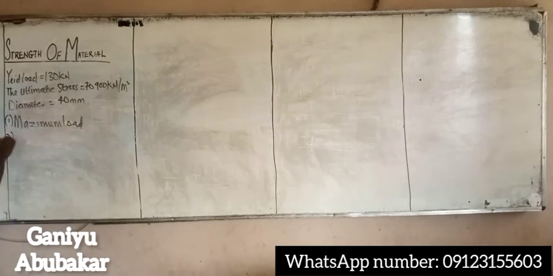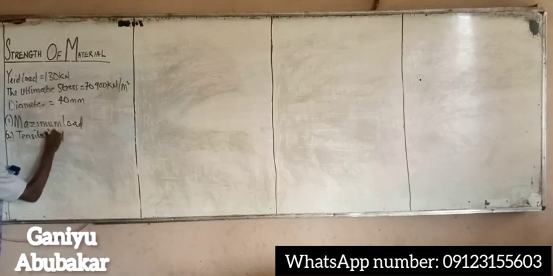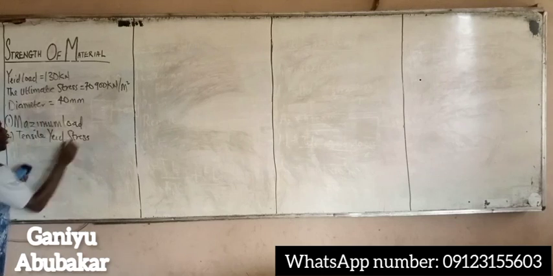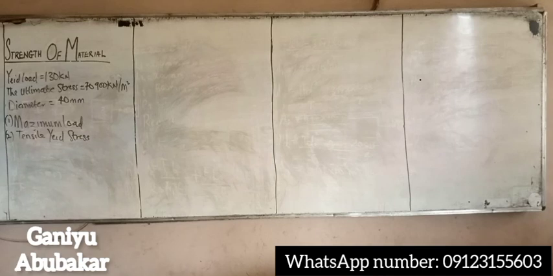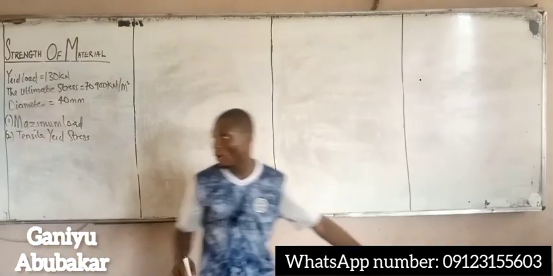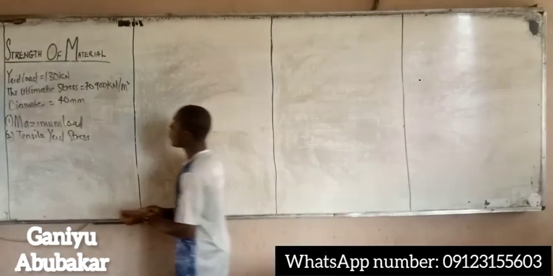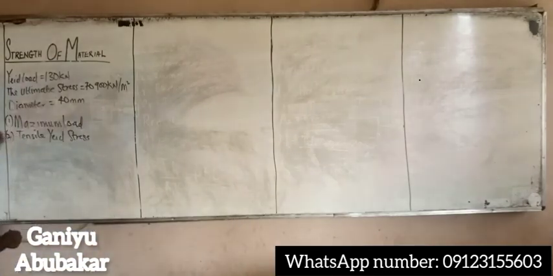Number two, calculate the tensile stress. That's all. Alright, let's solve this. I'm given yield load, ultimate stress and diameter, and I'm asked to find maximum load and tensile stress.